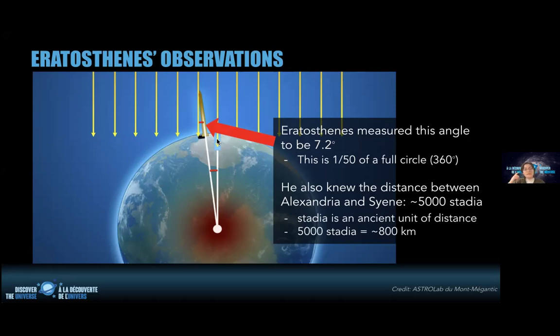And he knows that the distance between Alexandria and Syene is 5,000 stadia. Stadia is an ancient unit of distance, about equivalent to 800 kilometers nowadays in our units. So he knew that the angle is 1/50th of a full circle, and that the physical distance is around 5,000 stadia.